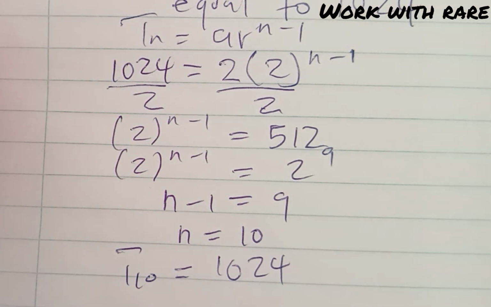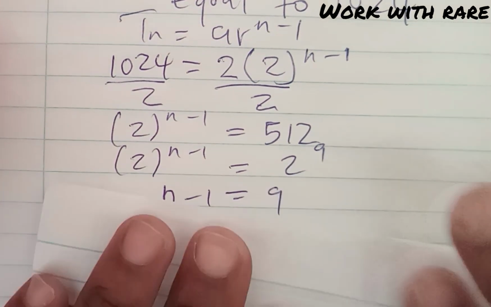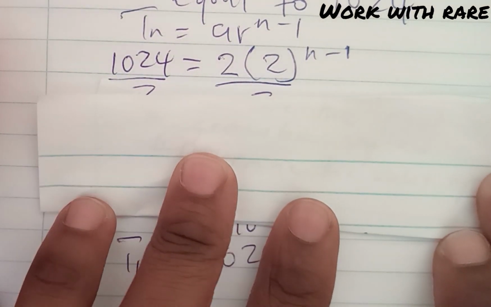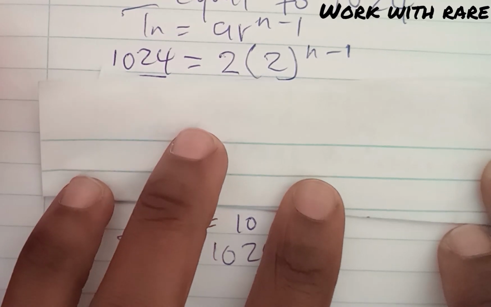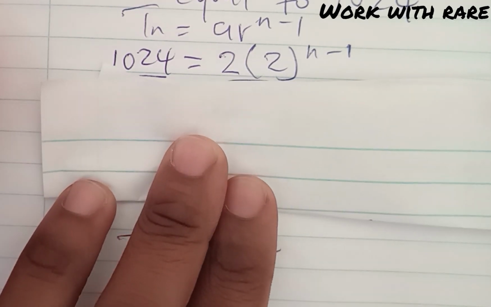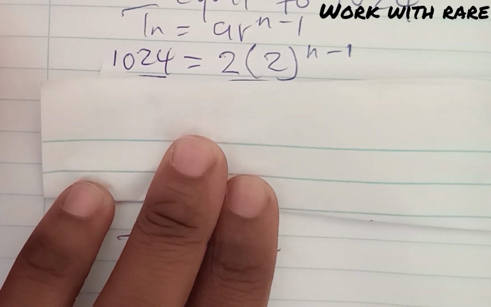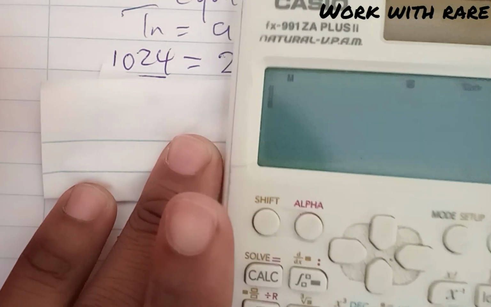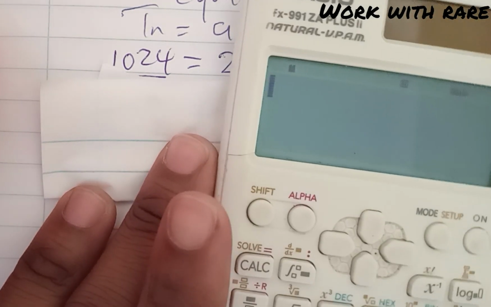Okay, let me take this paper and fold this little piece of paper. Let's say we hide this part. So if you take your calculator, this is my calculator, I'll press what's on the right hand side.